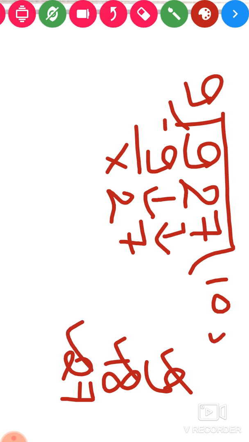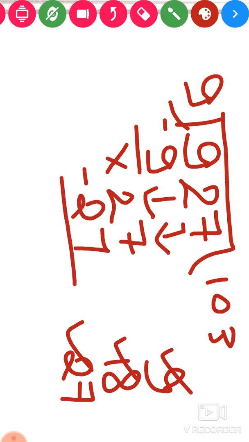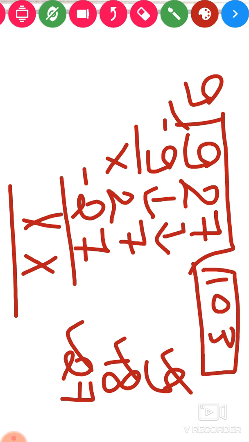In 3 times. So we subtract 27 from 27. What will we get? 7 minus 7 nothing. 2 minus 2 nothing. So our answer is 103. Again I am repeating, whenever we carry down two numbers at the same time, we write a 0 here in the quotient.